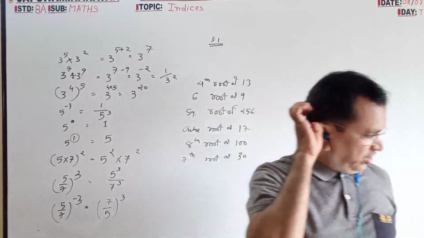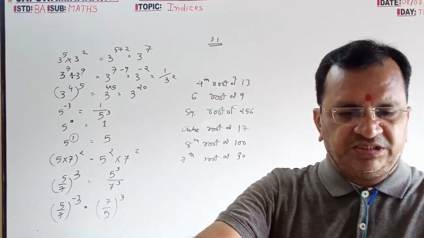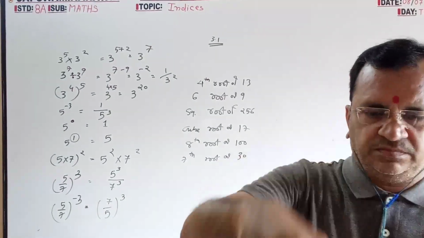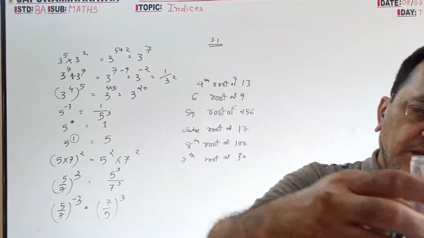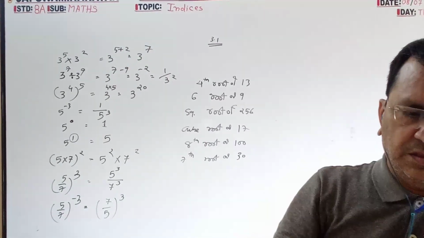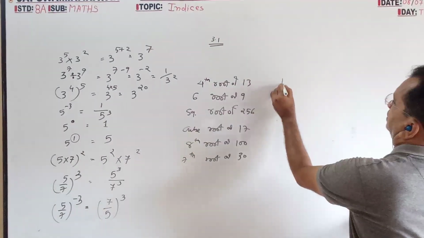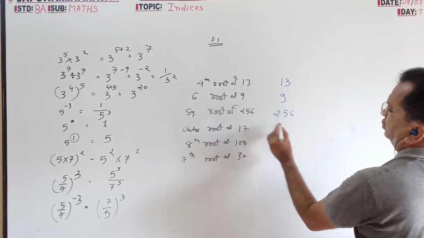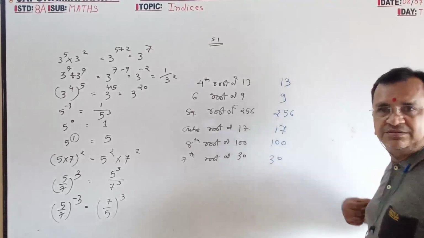Of means what? Of means base. Of 13, of 9, of 256, of 17, of 100, of 30.